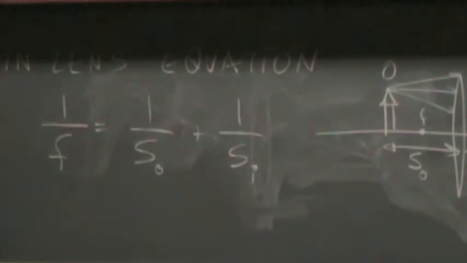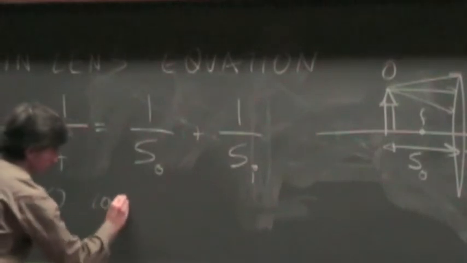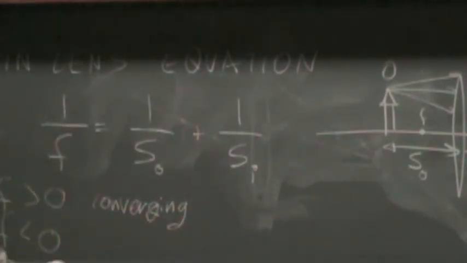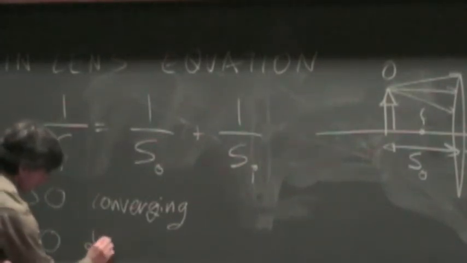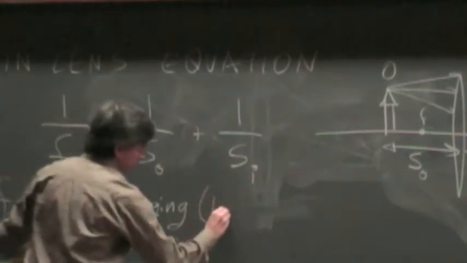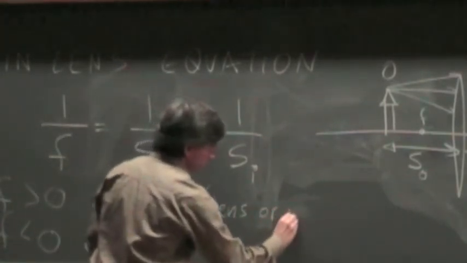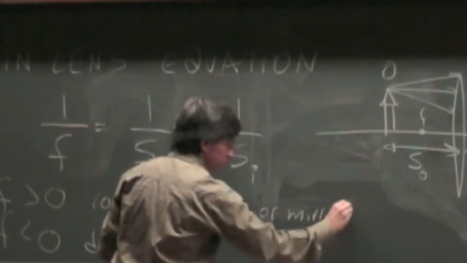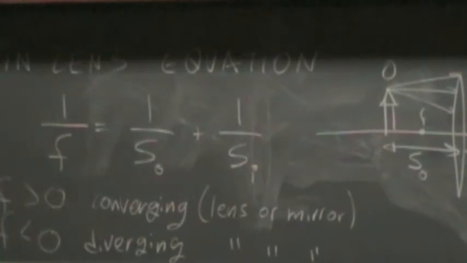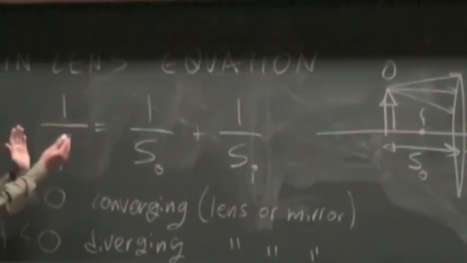They follow the same rules for the focal length. So F can be positive for converging, either lens or mirror, and negative for diverging, either lens or mirror.